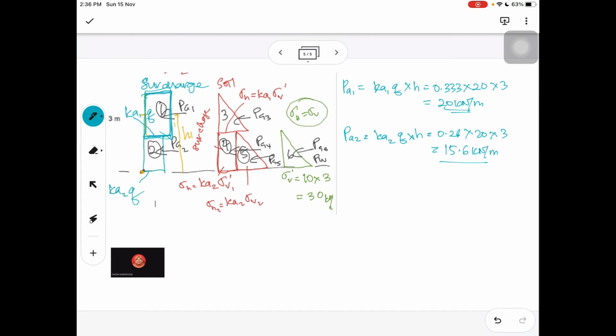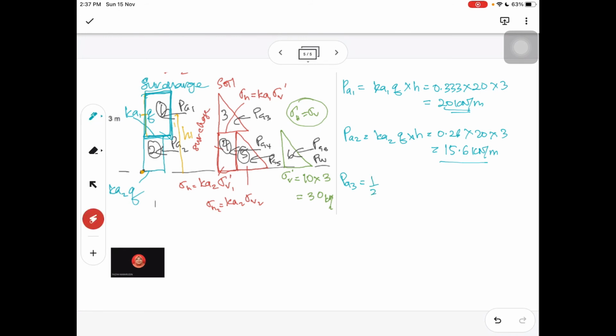Okay, so now PA number 3. So PA number 3 is a triangular shape. So how to get the area of the triangular shape is half of the base times the height. So PA3 equals half of the base.